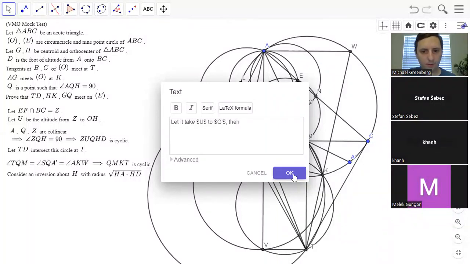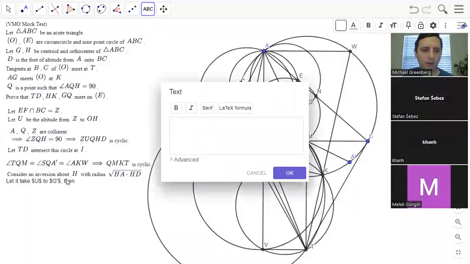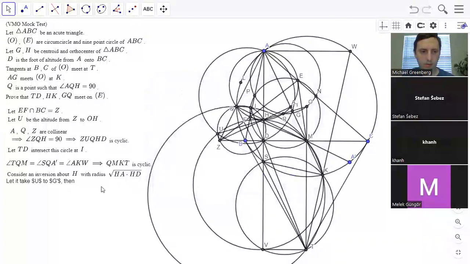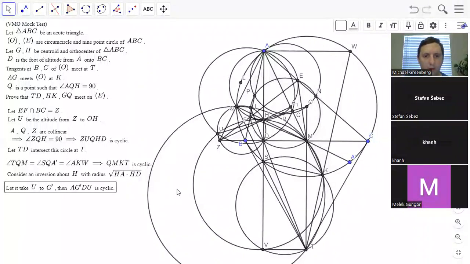Then A G prime D Z and A G prime B U is cyclic. And then G prime lies on OH.